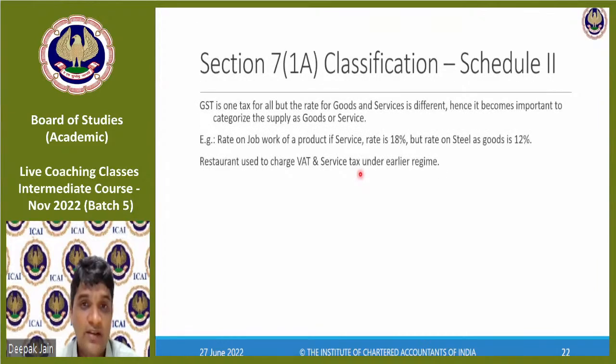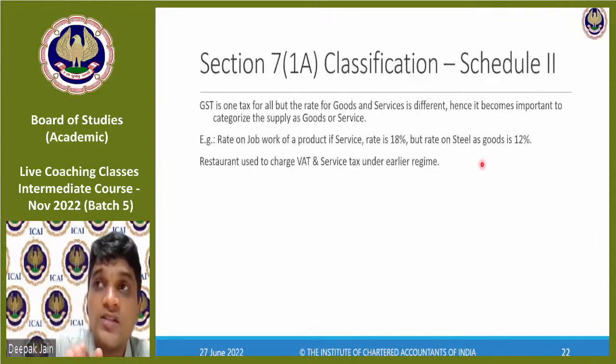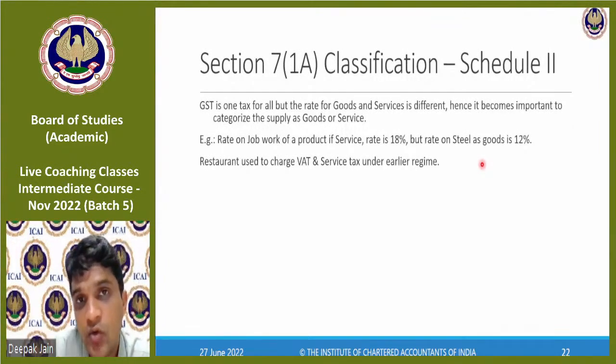Section 7(1)(a), which is about classification, says that GST is the only tax, but for goods and services there is a separate rate. Like the rate on job work of a product is 18%, but the rate on that product is less. So that's why you have to do classification correctly, because the classification of some services is dependent on the goods also.